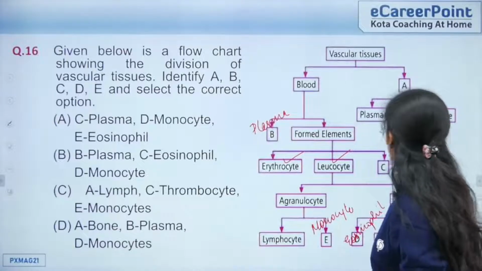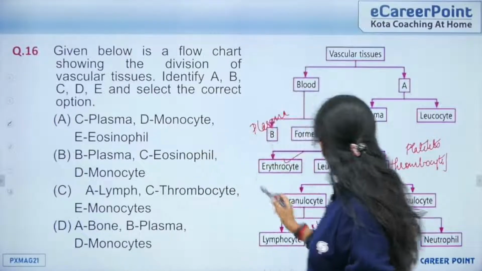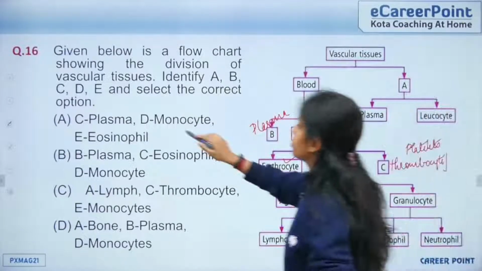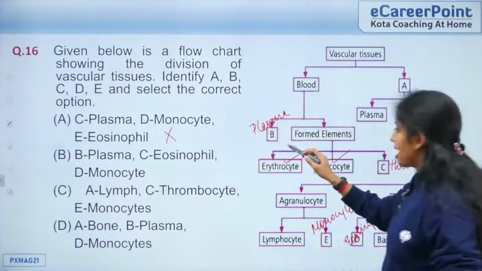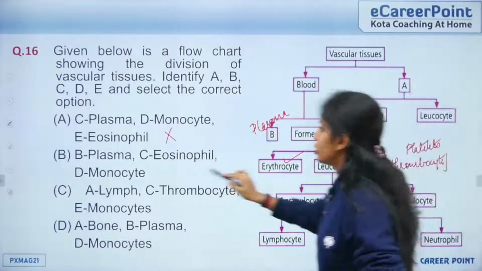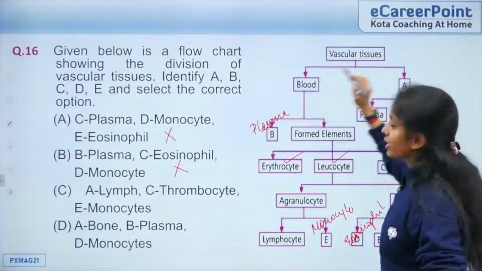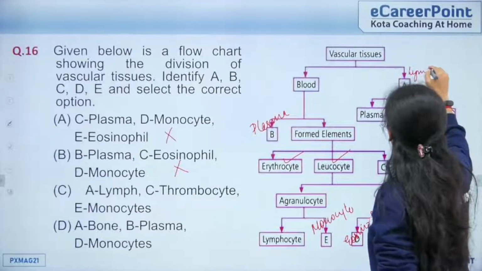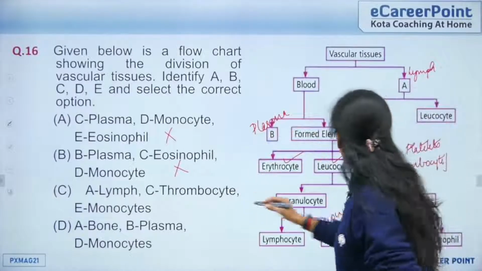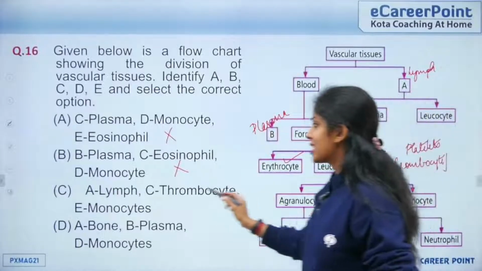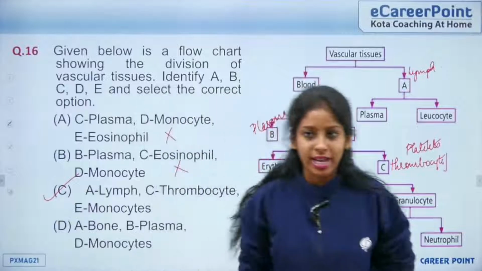C is plasma. No, C is not plasma. D is not monocyte, so this is ruled out. B is plasma, right? But C is not eosinophil, this is ruled out. For A, vascular tissue is blood and lymph, right? They are a type of connective tissue. So C is thrombocytes and E is monocytes. This is absolutely the right option.